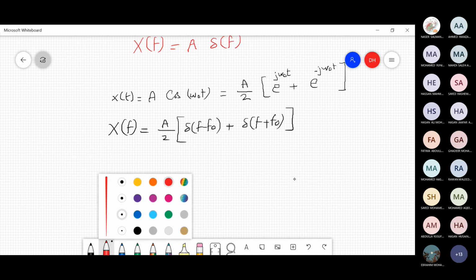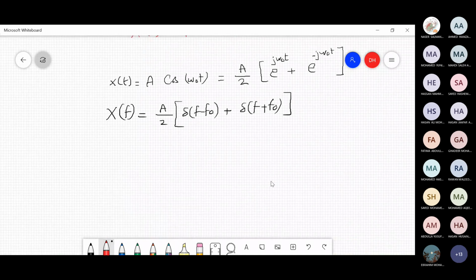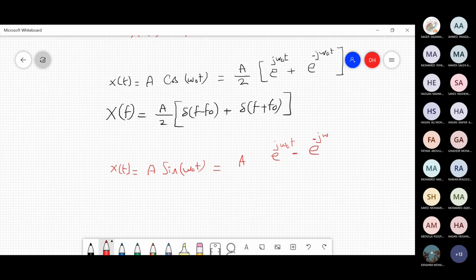Similarly, if we have x of t equal to a sine omega naught t, then I can write it as a times e to the power of j omega naught t minus e to the power of minus j omega naught t, divided by j2.